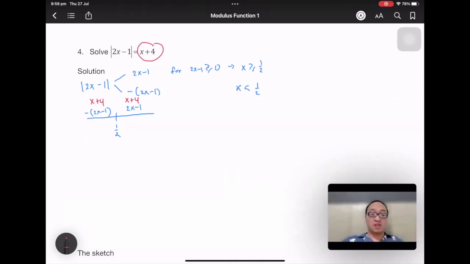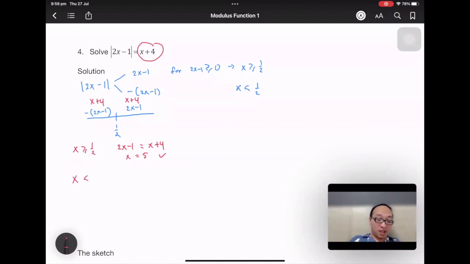So that means in here, we can solve it for x greater than or equal to half. That means 2x minus 1, positive, equals x plus 4. So this is x equals 5. Check, is 5 greater than half? Yes.